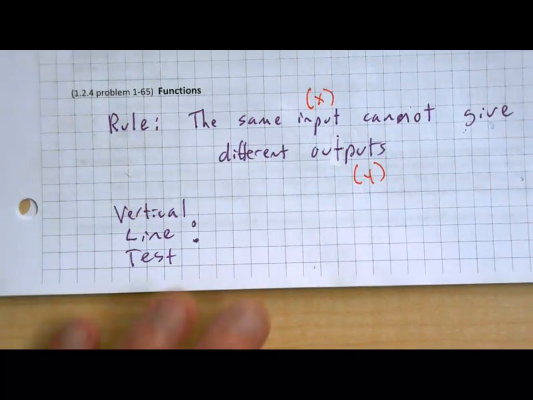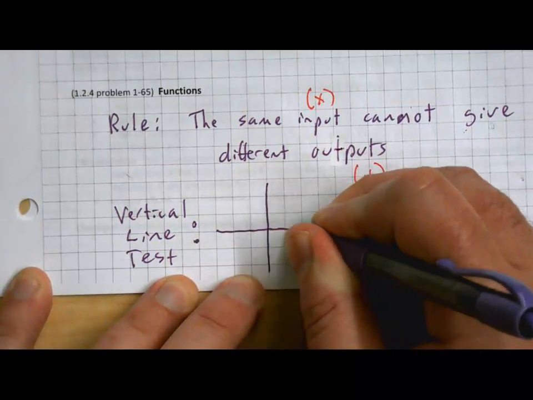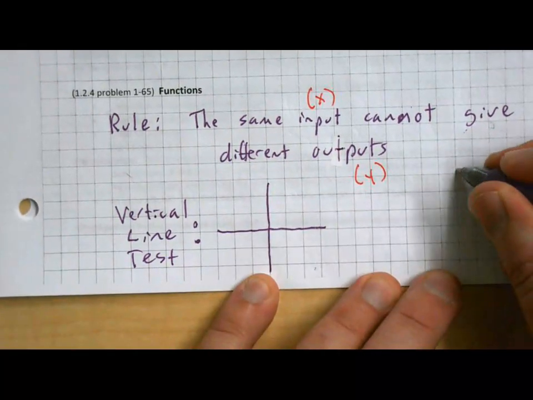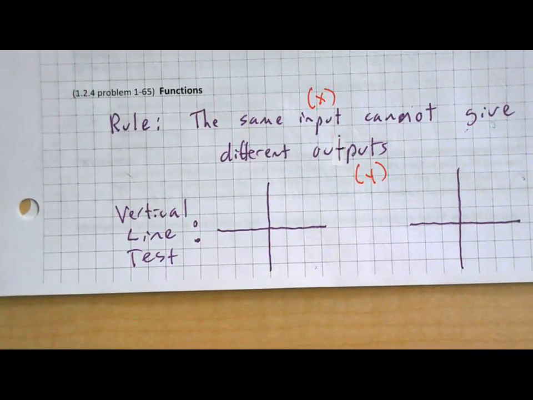And I'm going to show you some examples of things that pass the vertical line test and things that fail the vertical line test.